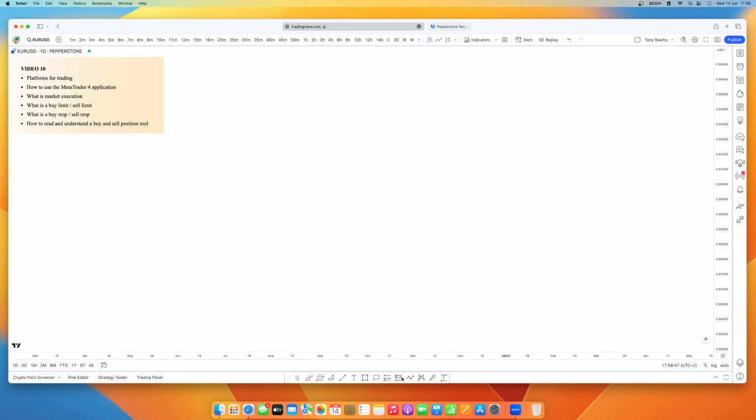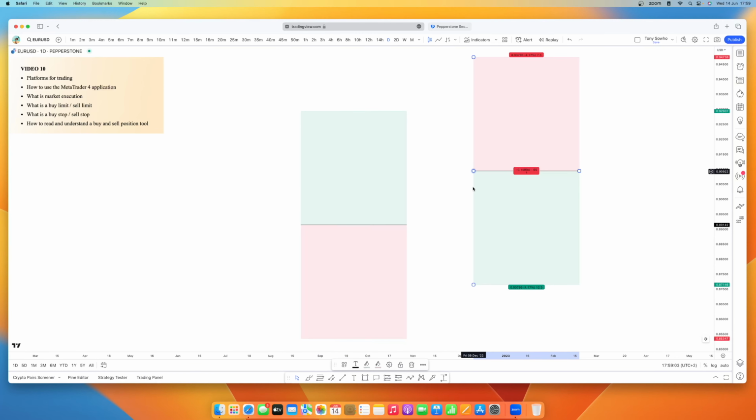So remember, among our favorites, we have this tool, which is a long position, and we have this tool, which is the sell position. A long position is a buy tool, and a sell position is a sell tool.